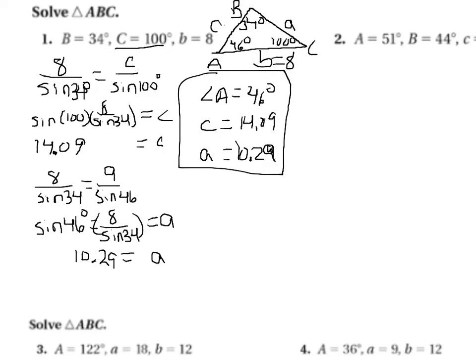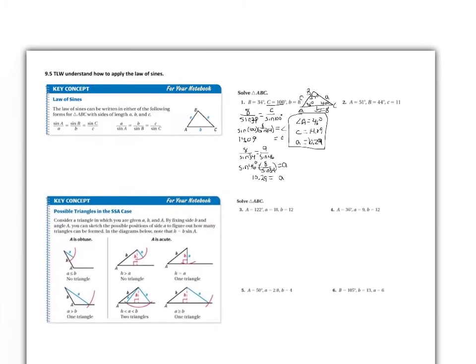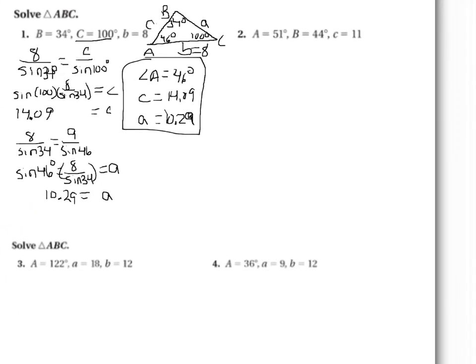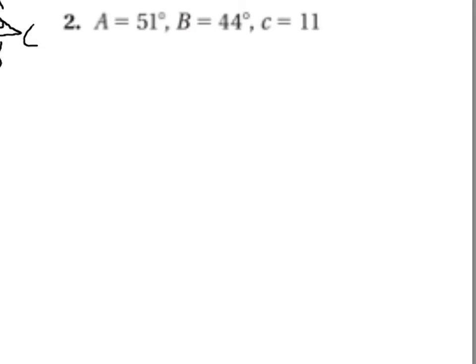So again, we need to look at the law of sines and know how to apply it. Okay, so let's go try number 2 now. So remember, step 1, draw a triangle.